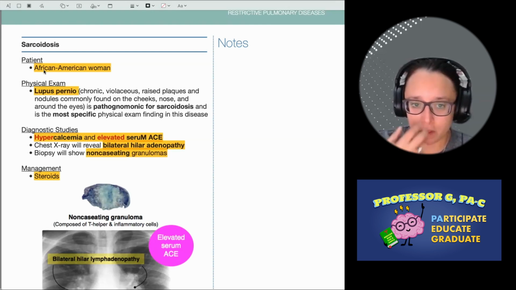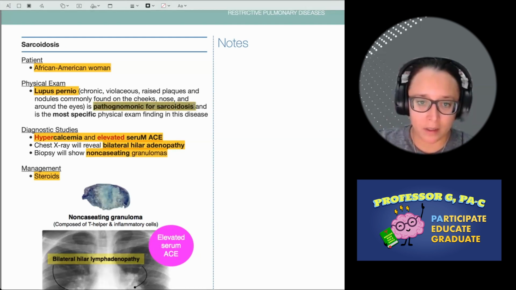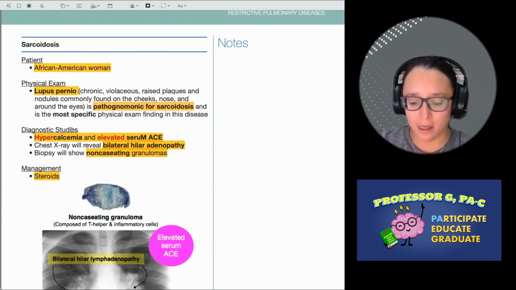Lupus pernio, like we said, are those red, elevated, violaceous plaques on the face. That's pathognomonic for sarcoidosis, and it also determines a more aggressive course. You can also see other things like granulomatous disease in the eyes, uveitis, iritis, erythema nodosum. There's a bunch of things it can do.